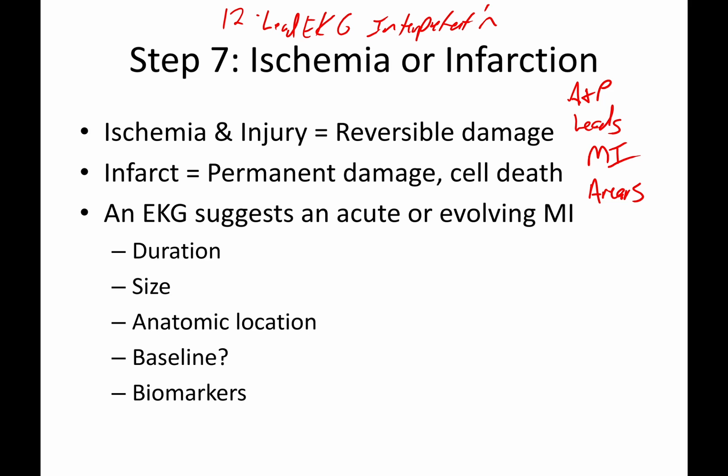But here we go. So ischemia and injury are the early phases, and an infarct is the later part of any MI, myocardial infarction, and that is going to be differentiated by ischemia and injury, early and reversible.